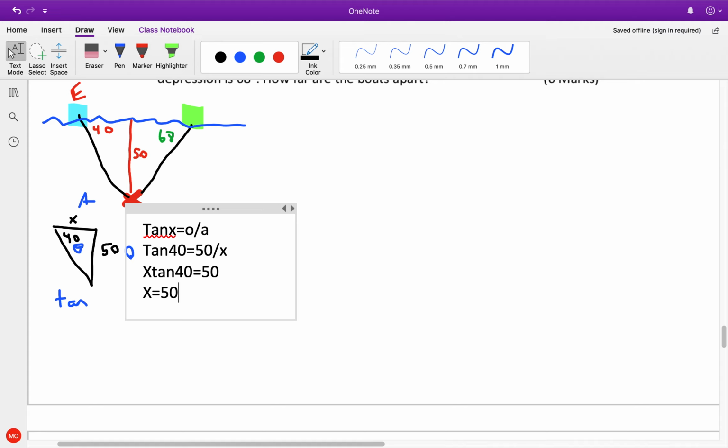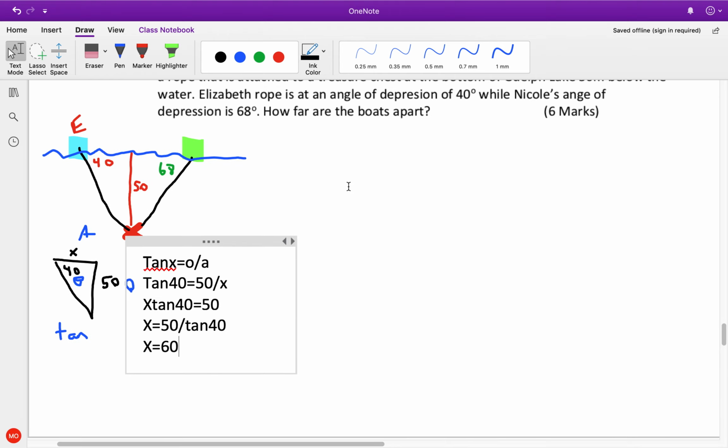So x equals 50 divided by tan 40. Essentially those two just swap places. Let's run our number. 50 divided by tan 40 equals 60 with rounding. That means 60 meters, 60 units, whatever we have.